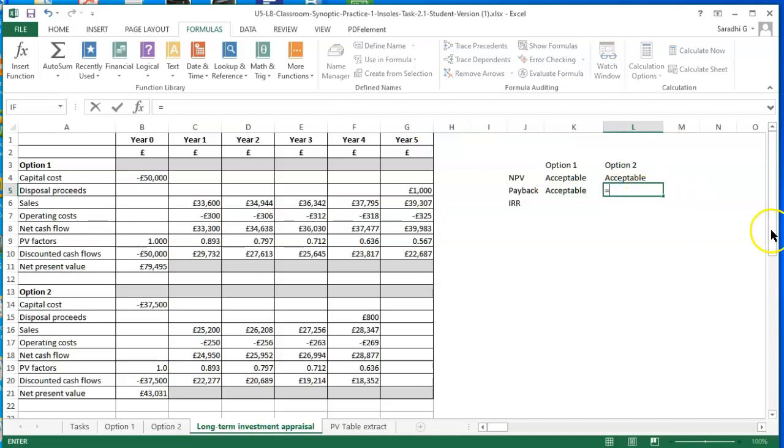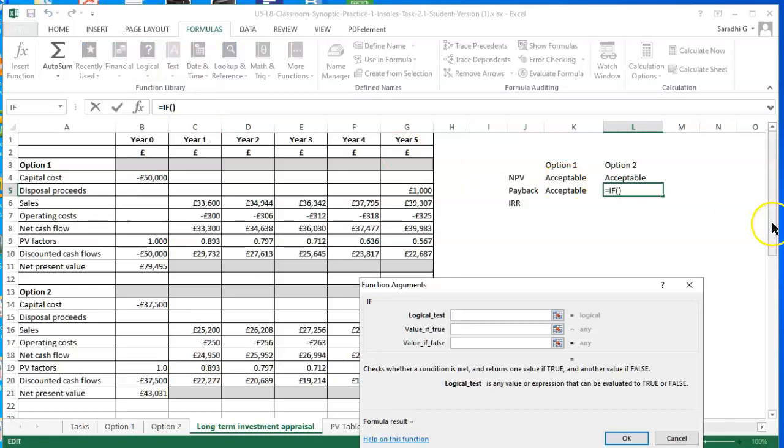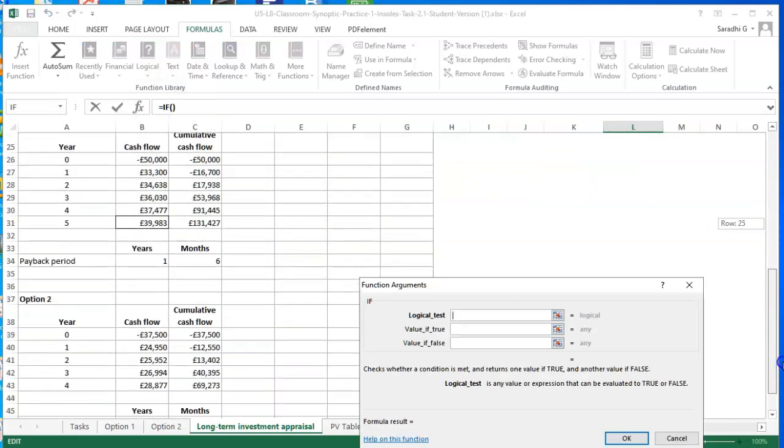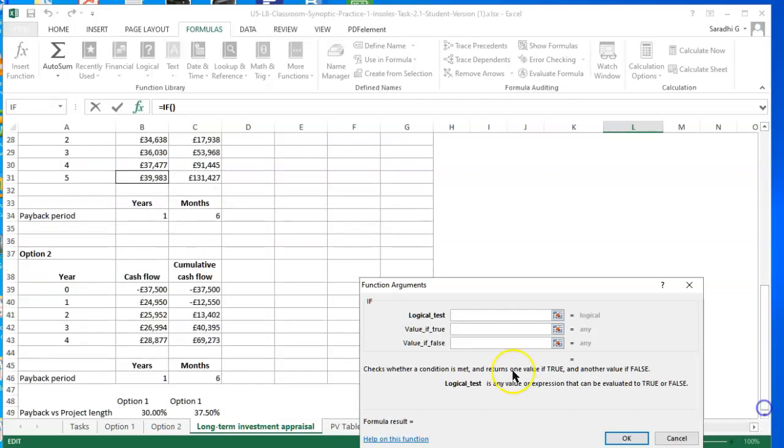Again the same thing, logical IF: if C49 is less than 33.33%, that means it is within the third of the life, so that is acceptable. If not, it is not acceptable.